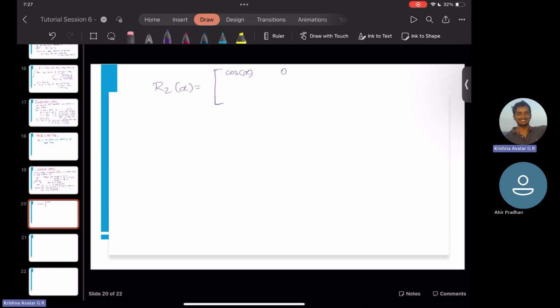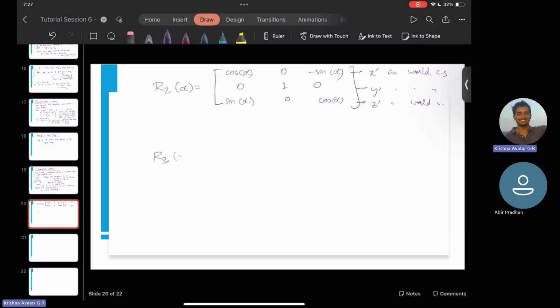So it will be cosine alpha, 0, minus sine alpha, then 0, 1, 0, and sine alpha, 0, cosine alpha. This is x prime in the world coordinate system, y prime in the world coordinate system. In this case we see 0, 1, 0 because y, even after rotation, stays the same, since we are rotating about the y-axis. And here is z prime in the world coordinate system.